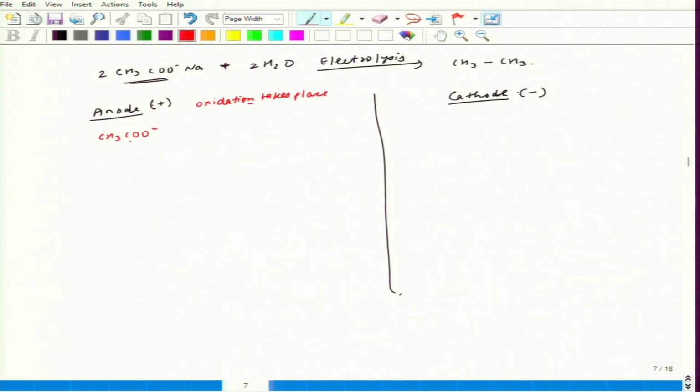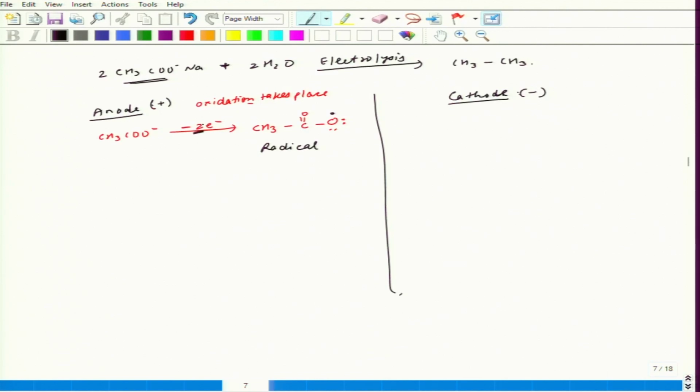It is positively charged, so it will attract CH3COO minus, the negative group. Oxidation means removal of electrons, so it will lose the 2 electrons. What will it form? CH3C double bond O, and it will form a radical.